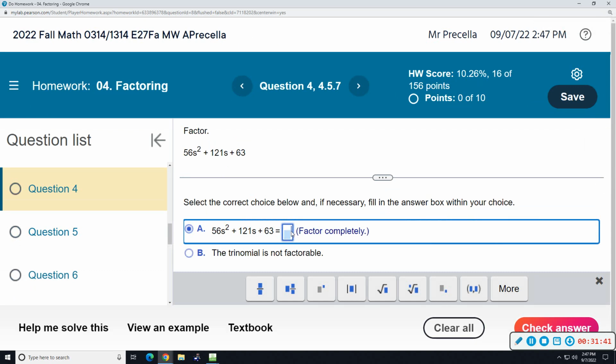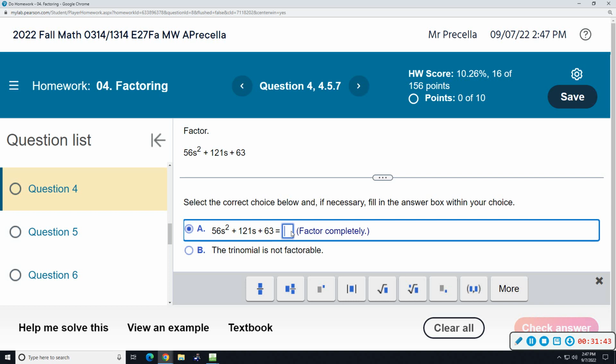Let's see. Parentheses. What was it? 7s plus 9 and 8s plus 7.